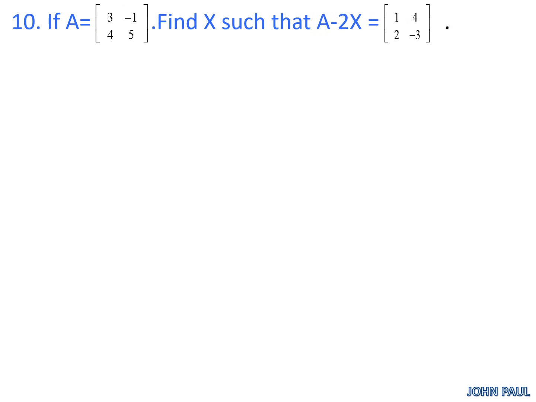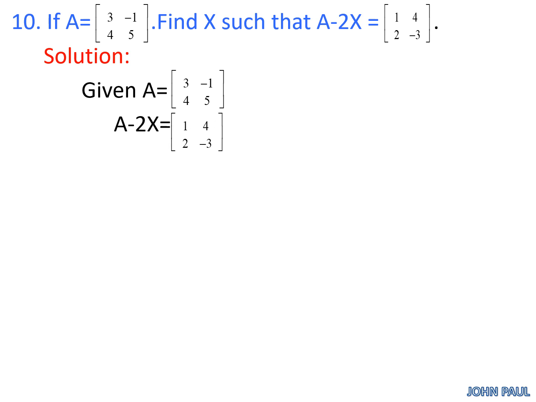10th problem. If A equal to 3 minus 1, 4, 5, find x such that A minus 2x equal to 1, 4, 2 minus 3 is given. Solution. Given A and A minus 2x equal to 1, 4, 2 minus 3.